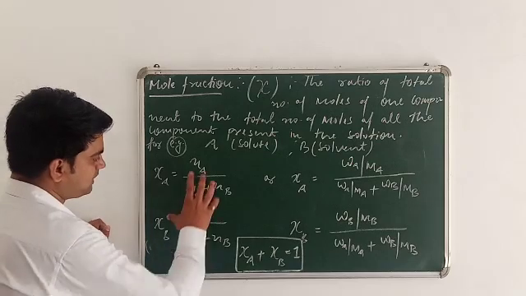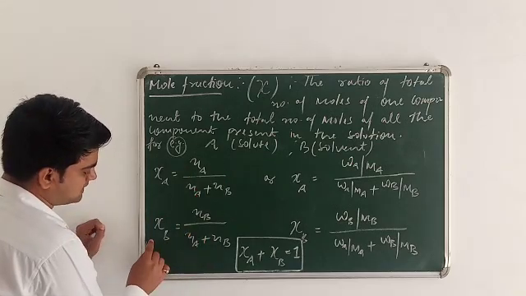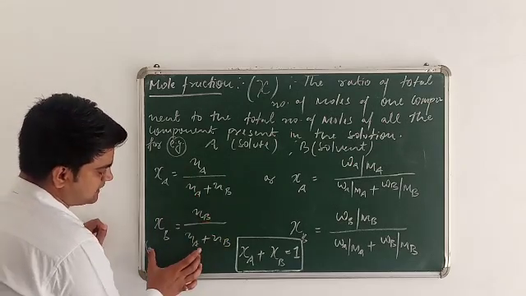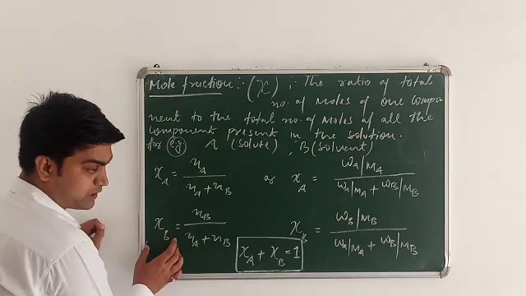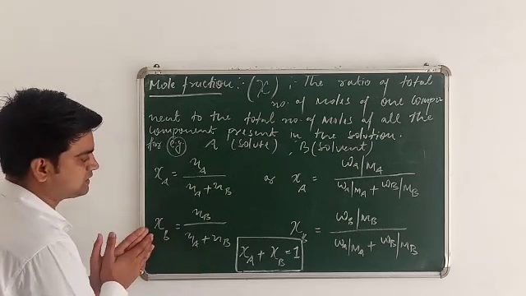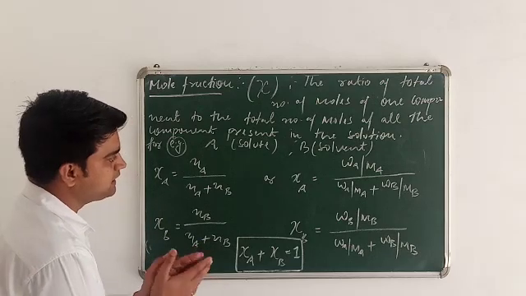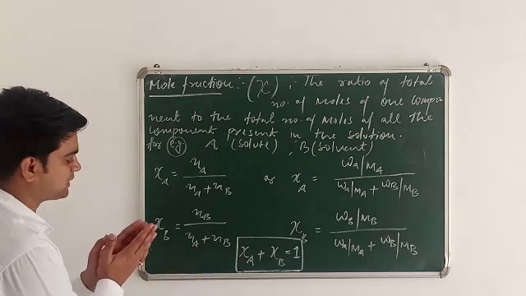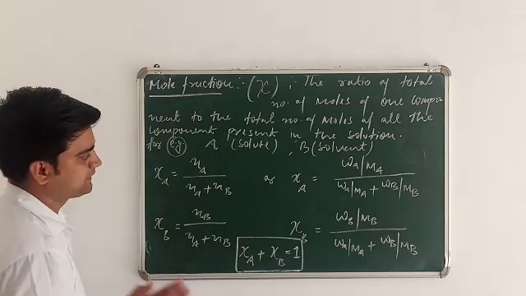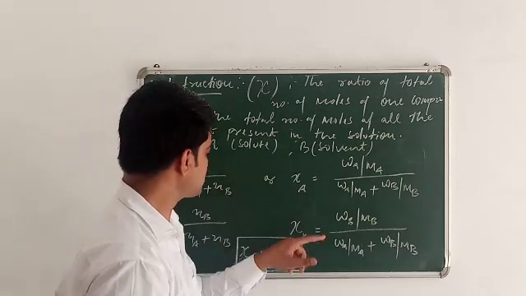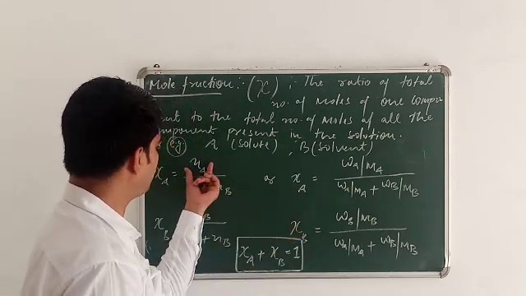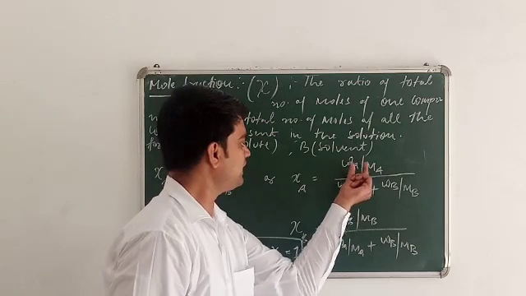Clear? And the second formula, chi B, by this formula you calculate the mole fraction of the second component, that is B, or you can say the mole fraction of solvent can be calculated. You can see here how to calculate the Na value: Wa upon Ma.